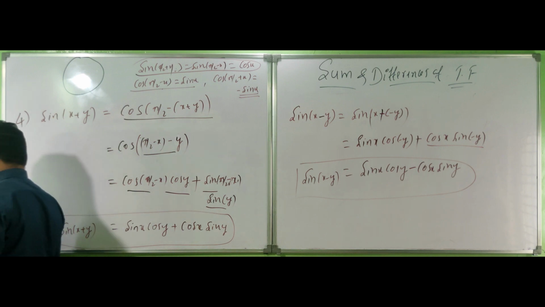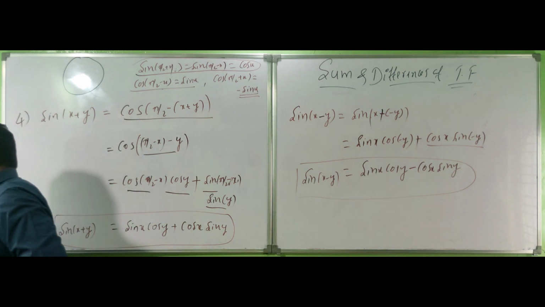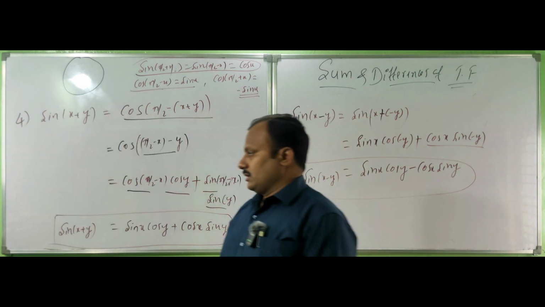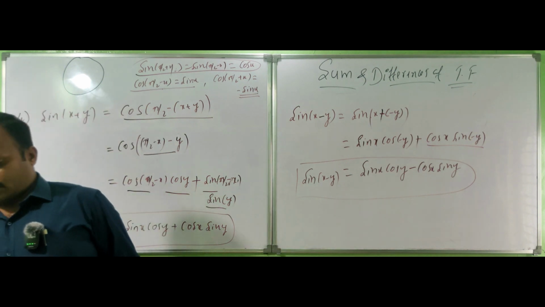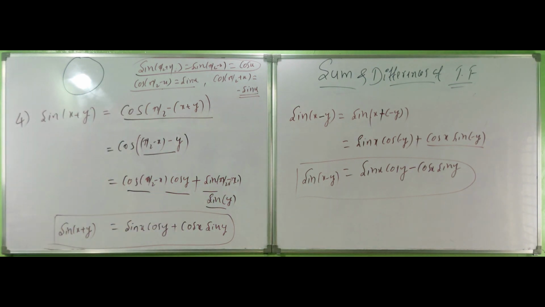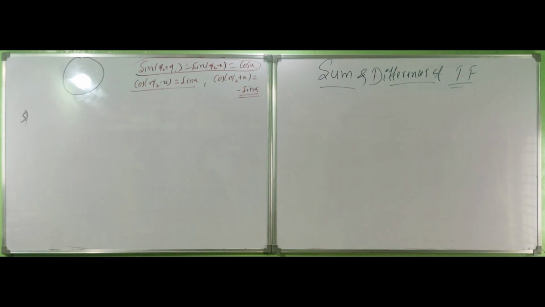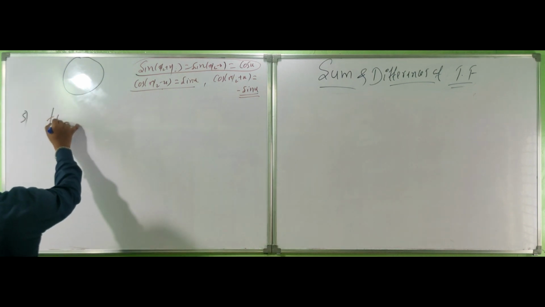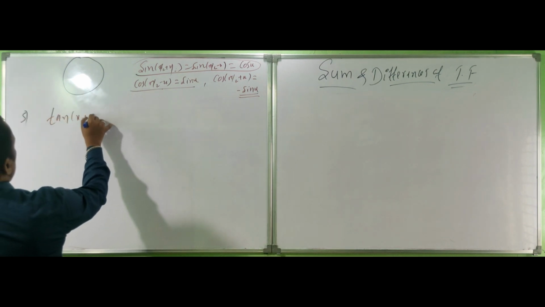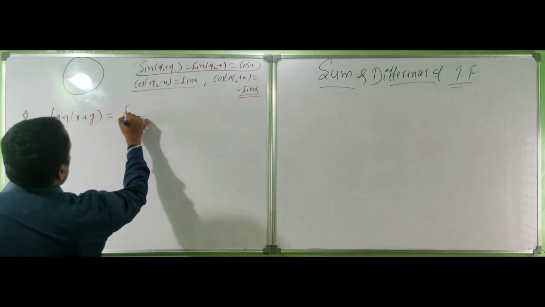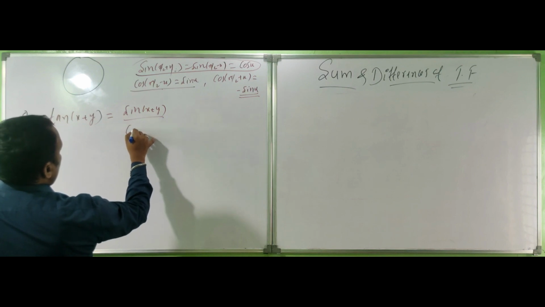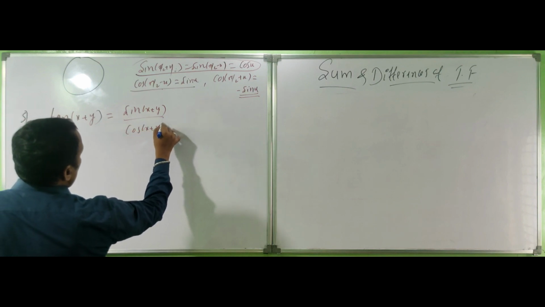Okay. Still we have numerous derivations. Let's do. Next derivation is next one is tan, in terms of tangent, tan of x plus y. I am writing this as sin of x plus y divided by cos of x plus y.